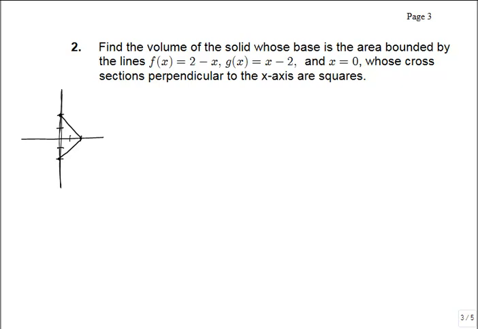Okay? Now, it's important in which direction you're taking your cross-section, and they will tell you which way to do it in the problem. So this one is telling me to go perpendicular to the x-axis. So the x-axis is horizontal, so my slice needs to go vertical. So you're just going to draw a little slice vertically like that.